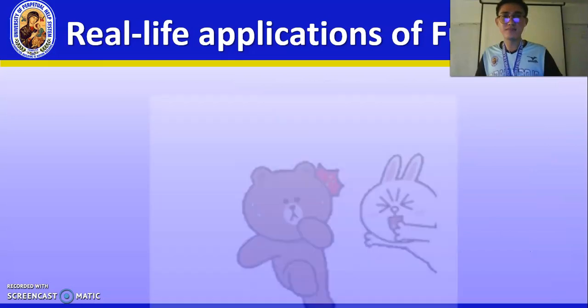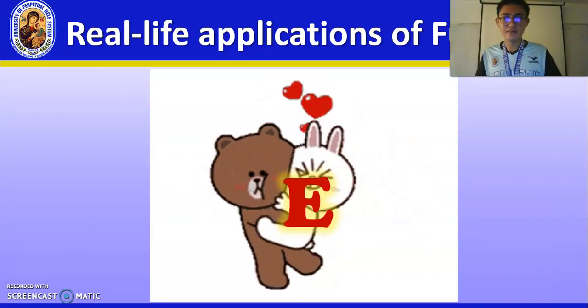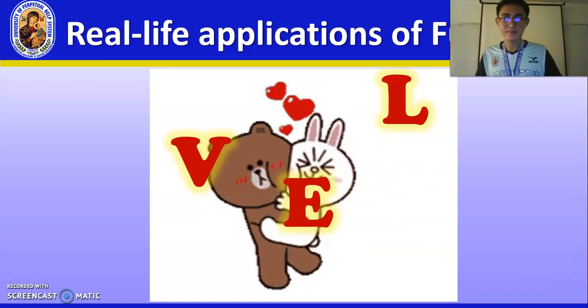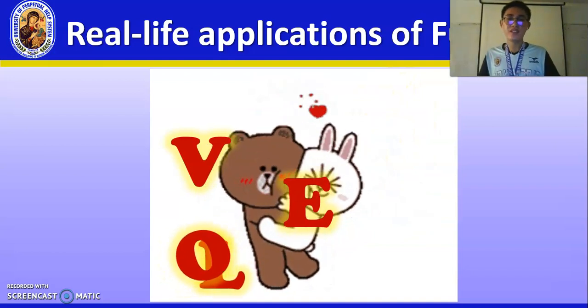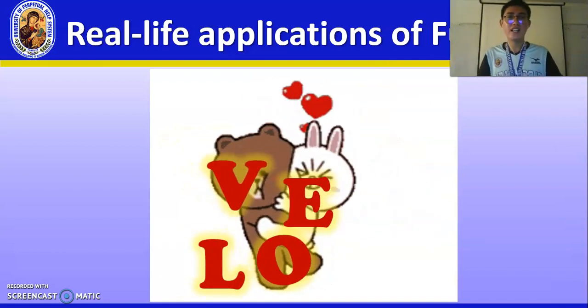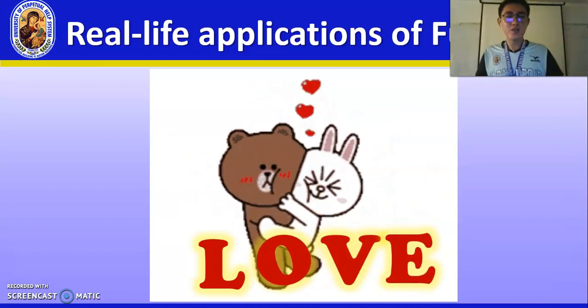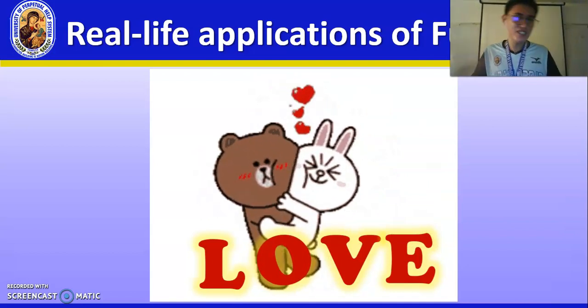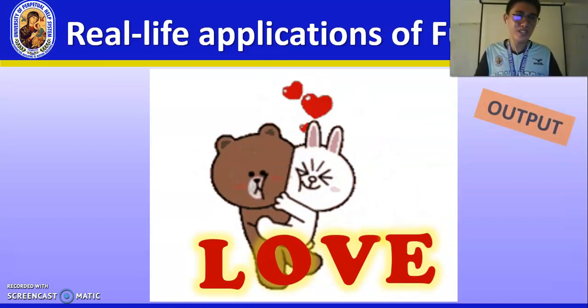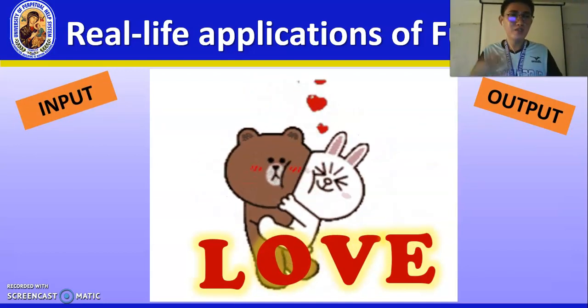How about this? All right, so we have here L, O, V, and E. Okay, so we talked here about love. What is the input there? What is the output there? Let's start first with the output. What do you want in love? What output do you want in love?